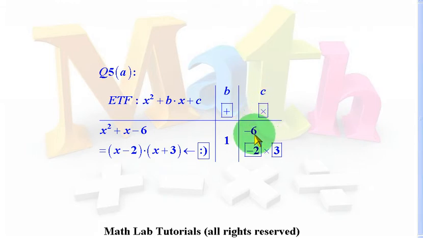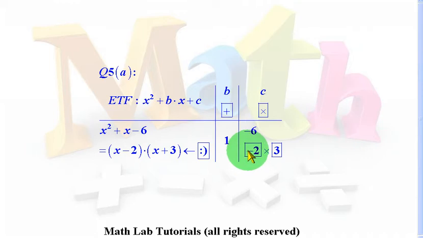Two numbers that multiply to give you 6 are 2 and 3, so it's 2 times 3. But now they have to add to give you 1. So it must be minus 2 plus 3, which will give you 1. So do the multiplication first and then confirm the addition. We did the multiplication. 2 times 3 is 6.